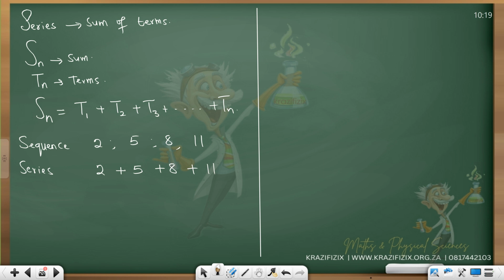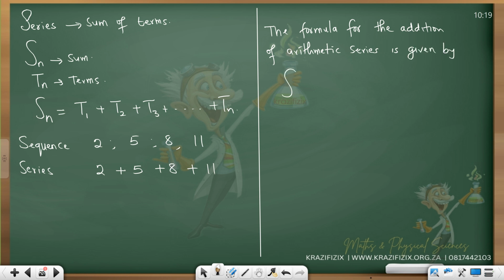So the formula for the addition of an arithmetic series is given by Sn equals n over 2, 2a plus n minus 1 d.